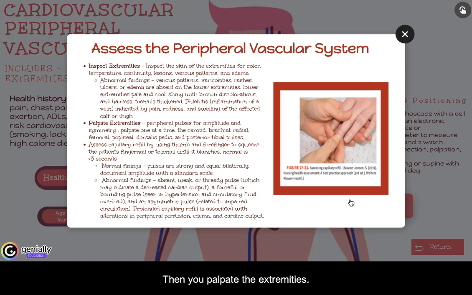Then you palpate the extremities. You palpate for peripheral pulses. We talked about the different pulse sites, right? The sites: the carotid, brachial, radial, femoral, popliteal, dorsalis pedis, or posterior tibial. You assess for capillary refill. You do this by using the thumb and forefinger to squeeze the patient's fingernail or toenail until it blanches.